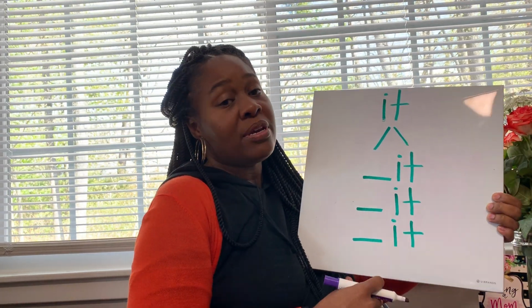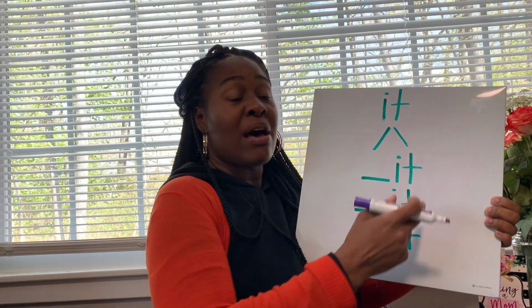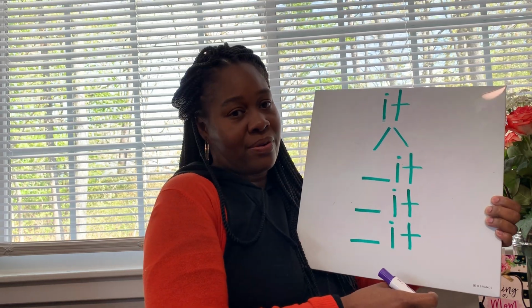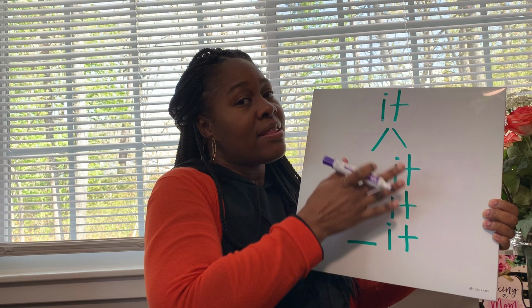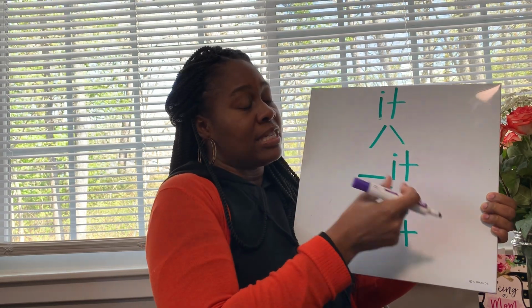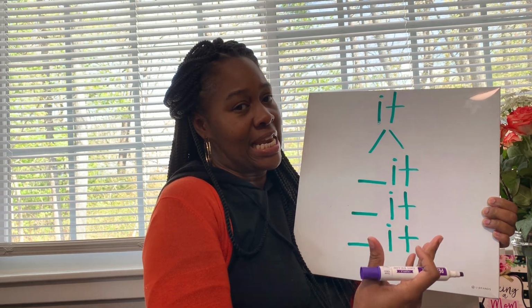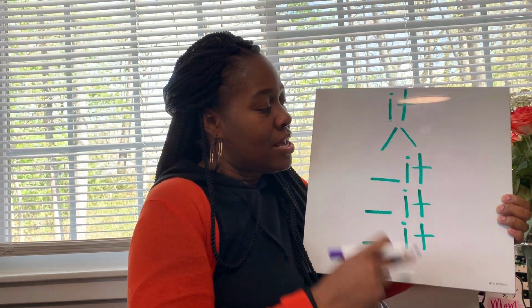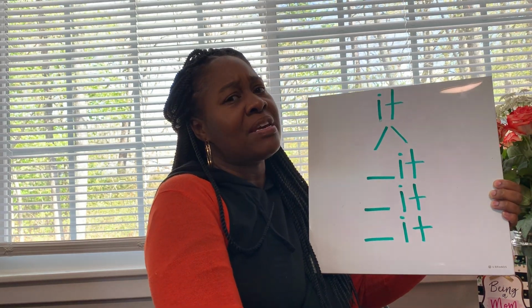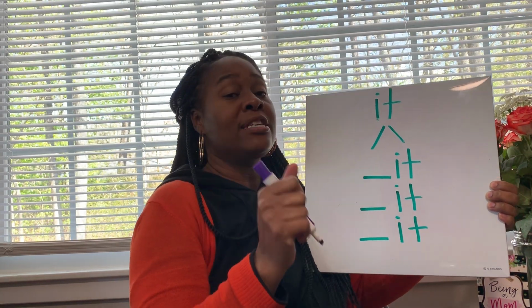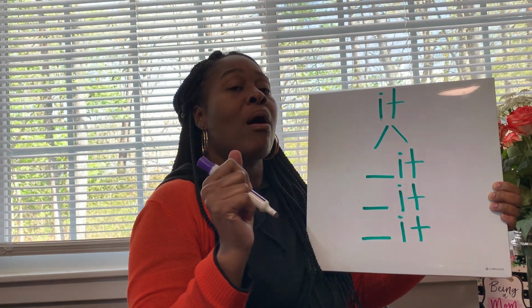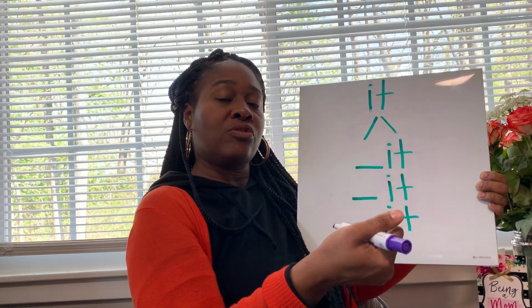Good. So I'm going to give you some hints about some it words that we're going to create. These are all part of the same family because they all end in it. So they're related. They belong in the same house. The first word is something that you do with a baseball bat. You have a ball and the bat, you do this to the ball.